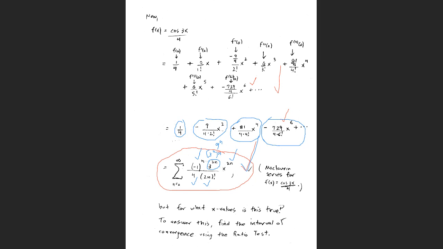But I wrote 9 to the nth power as 3 to the 2nth power because, like in WebAssign, you might get a legitimate formula for your power series, but you don't see it listed in the choices. Sometimes you have to rewrite the coefficients. 9 to the nth power is equivalent to 3 to the 2nth power.